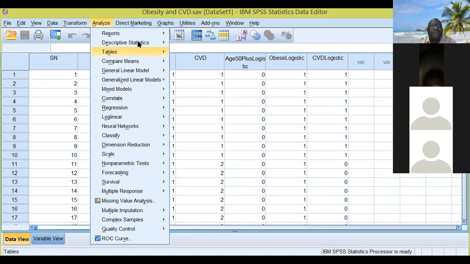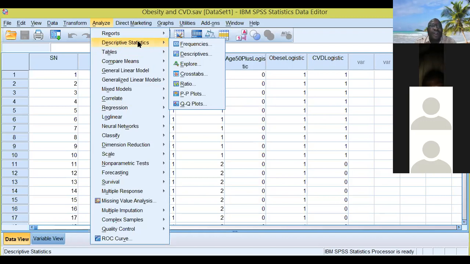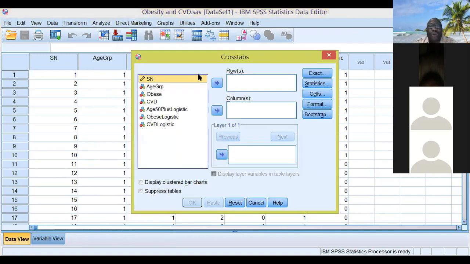We are not going to do regression. Descriptive, crosstabs. Anything that has to do with a 2 by 2 table is on crosstabs. Move obese to the row, as the exposure. We want to first do the crude one, obese as the row, then the CVD as the column.